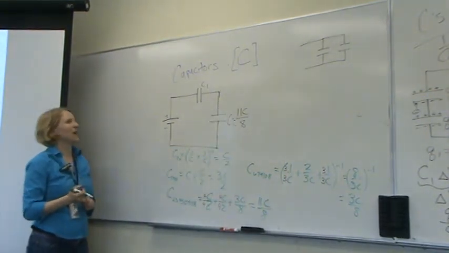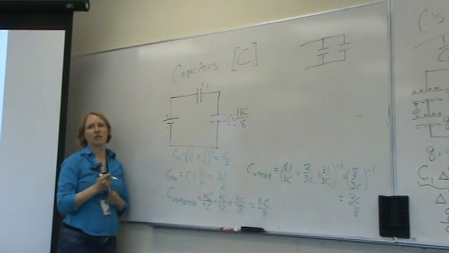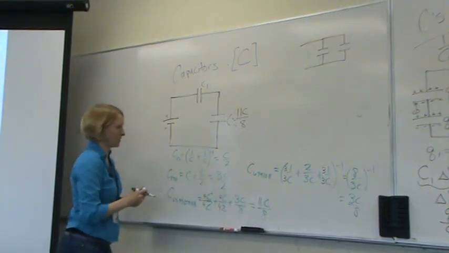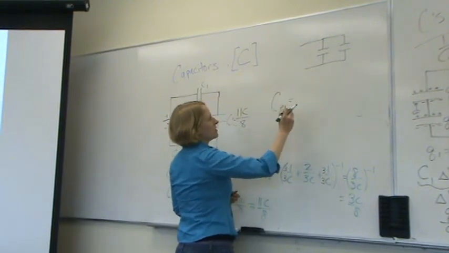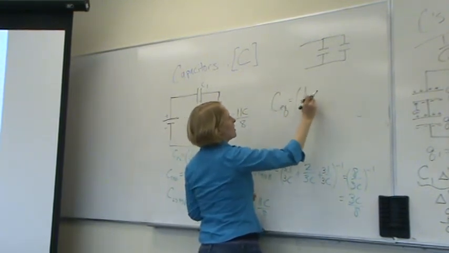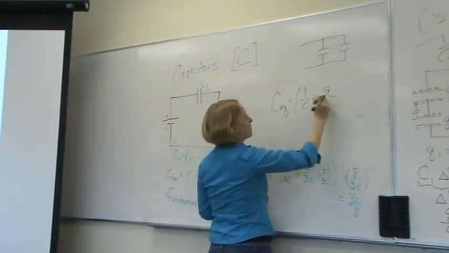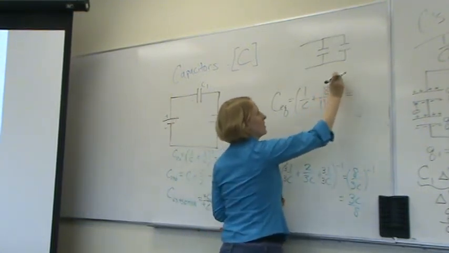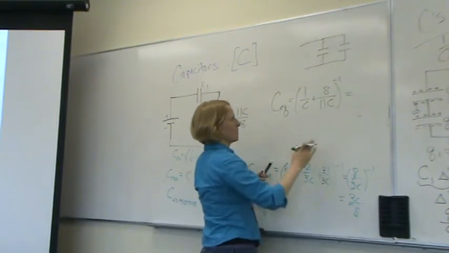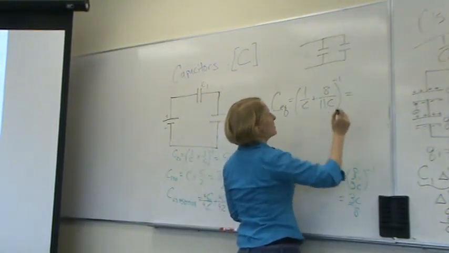So the last two capacitors, are they in series or parallel? Series. Okay, so that's our final CEQ. And series, so it's 1 over C plus 8 over 11C, and to the negative 1. So 11C over 20.